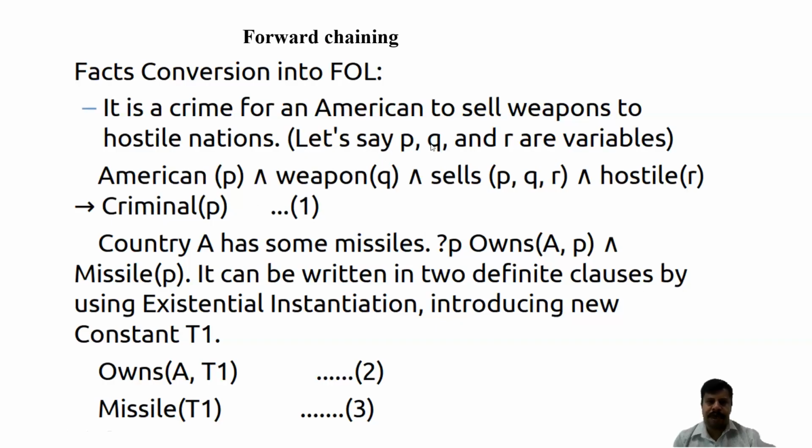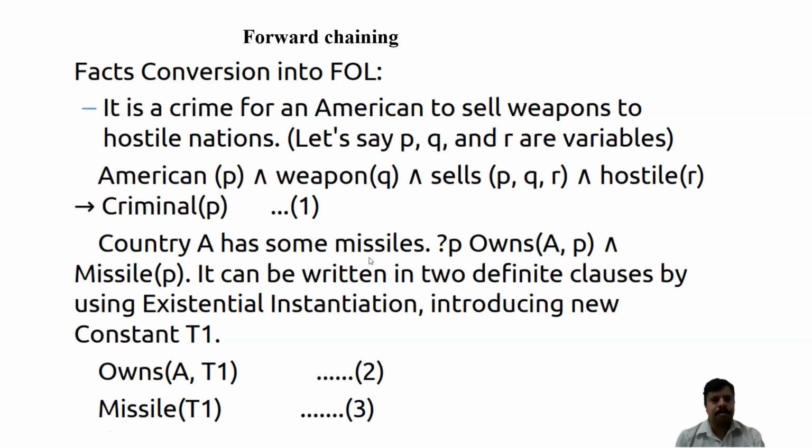American is assigned as P, weapon as Q, sells(P, Q, R), and hostile nation as R. And criminal is P. Criminal is who is selling the weapons to hostile nations. That's why American is assigned as P, and criminal is also P.